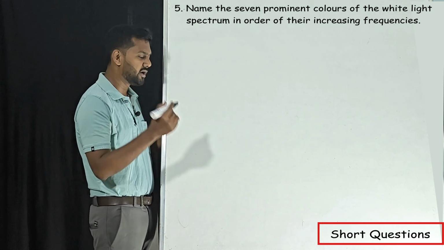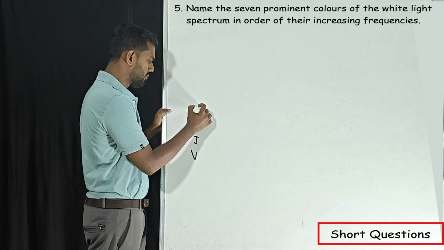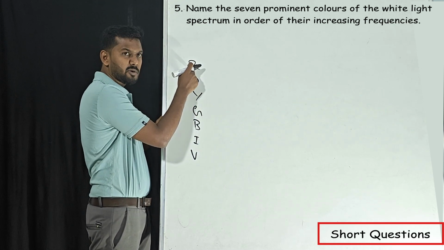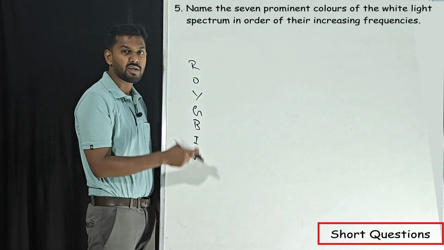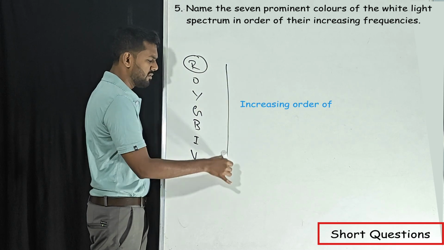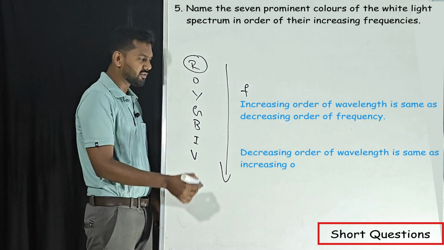See, 7 prominent colors, right? Red has maximum wavelength, but that is not the question. This is about increasing frequency.